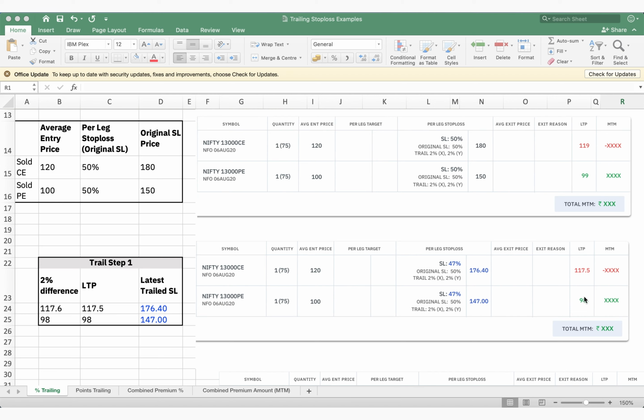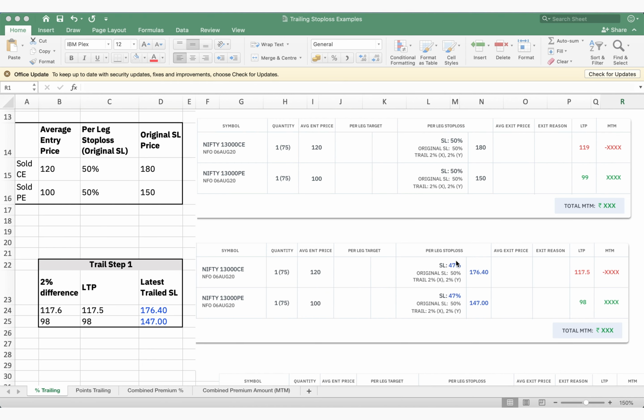Likewise, even the put price has reduced to 98, which is 2% or X from the average entry price, and the SL has also trailed by 2% from the original SL, which is 150. Over here you can see that the SL has become 47% for both the legs.